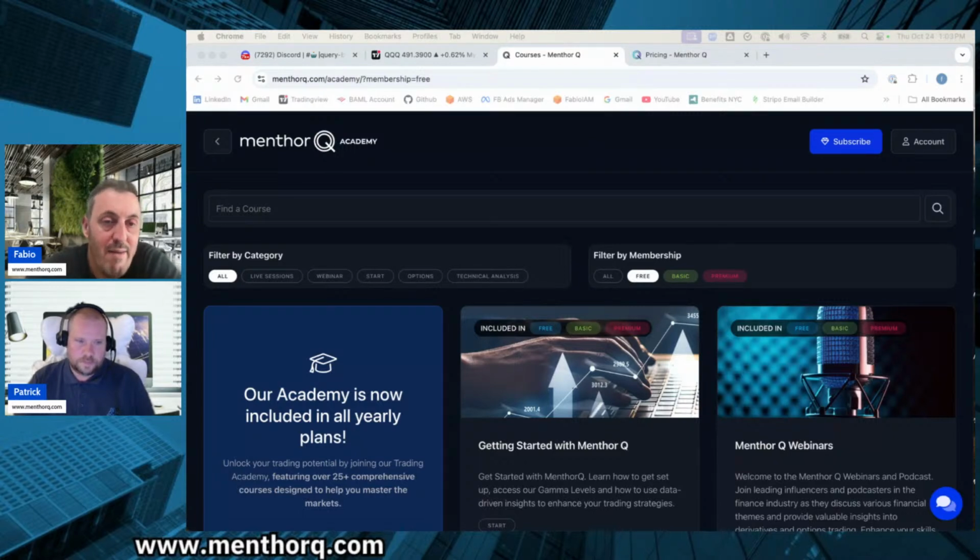With the intraday gamma levels, you'll be able to have additional layers throughout the day based on the new option data that comes in the morning. So that's very exciting. We'll share more in the next few weeks, but the 29th of November is when we're going to do the release. So be ready, because it's going to be a game changer.